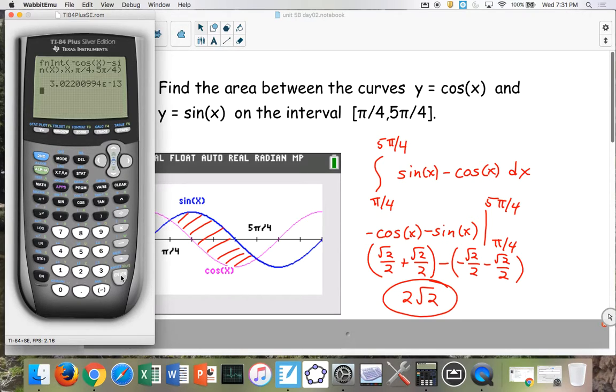Oh, I actually punched in the antiderivative. Even teachers make mistakes. We're doing sine of x minus cosine x.